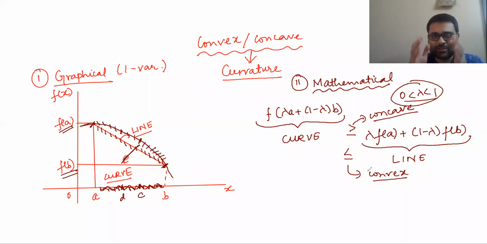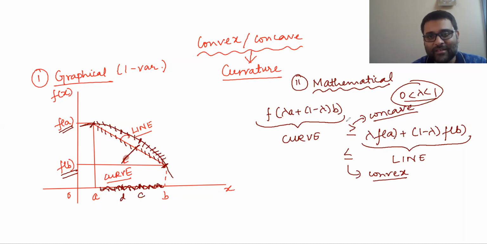So if the expression which is the curve is greater than or equal to the expression which is the line, it gives us a concave function, the mathematical definition. And if F of lambda A plus 1 minus lambda B is less than or equal to lambda FA plus 1 minus lambda FB, if this is less than or equal to this, then it will be a convex function.